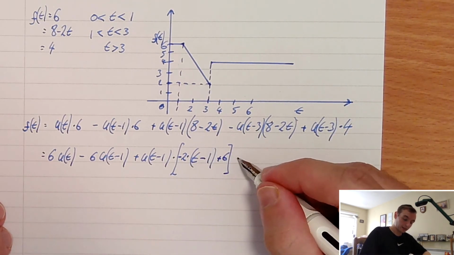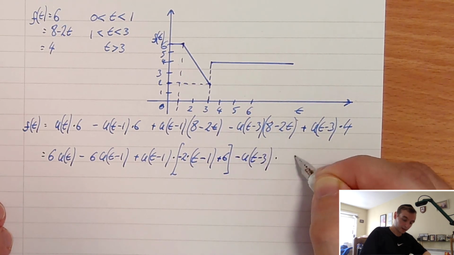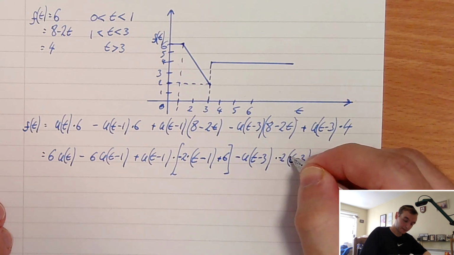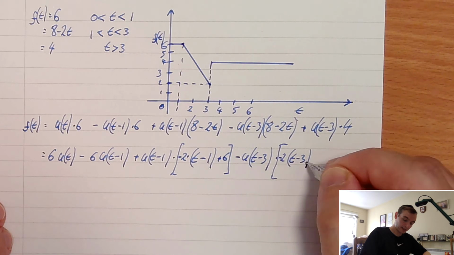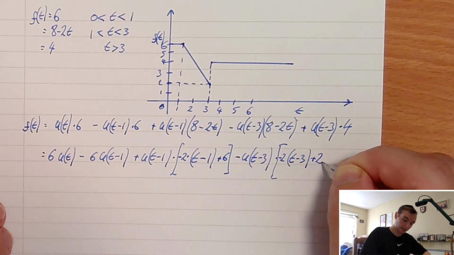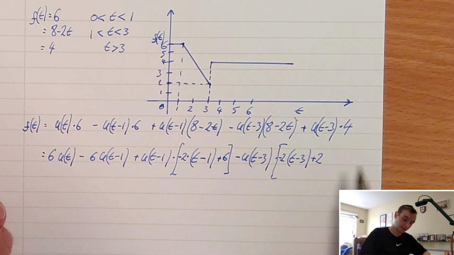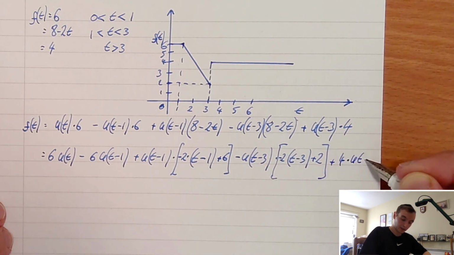And then we'll subtract u(t minus 3) times t minus 3, another minus 2 over here, and that's going to give minus 2 times minus 3, which is 6, so it has to be plus 2. Is that right? Minus 2 to minus 3, 6 plus 2 is 8, plus 4 times u(t minus 3).